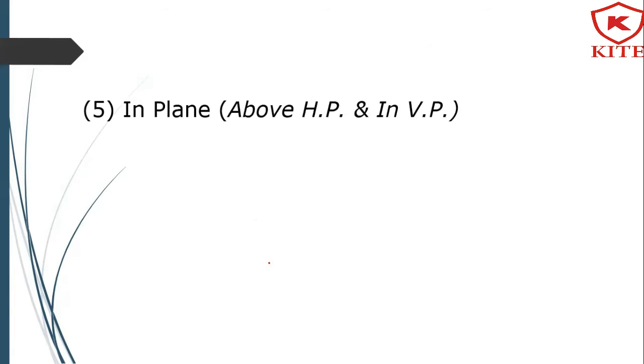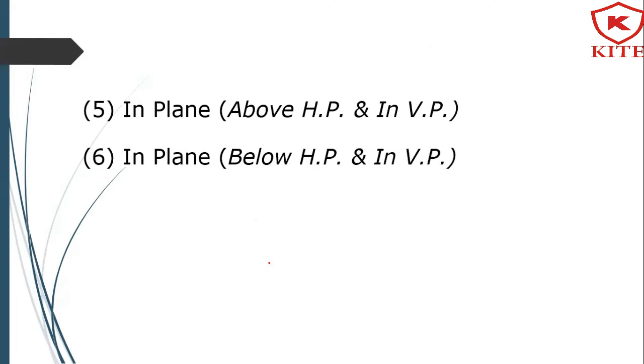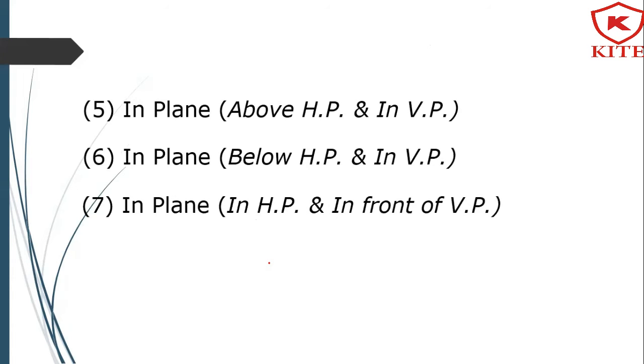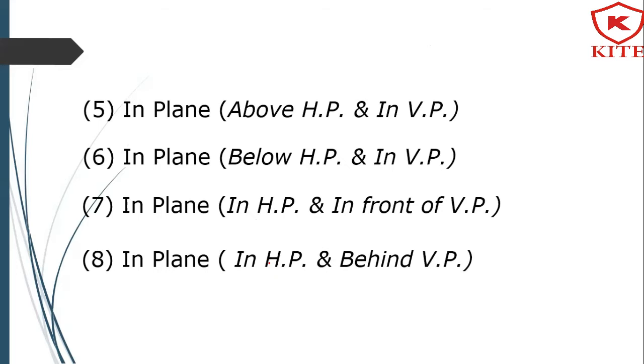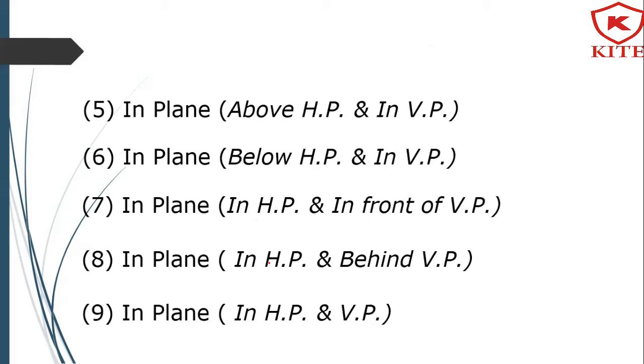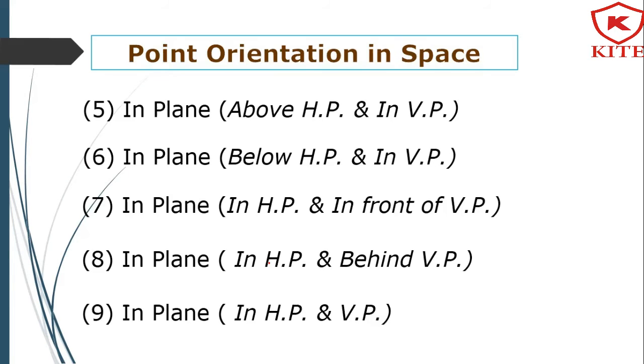Then fifth, in plane: above HP and in VP. Sixth, below HP and in VP. Seventh, in HP and in front of VP. Eighth, in HP and behind VP. And the last one, in HP and VP.